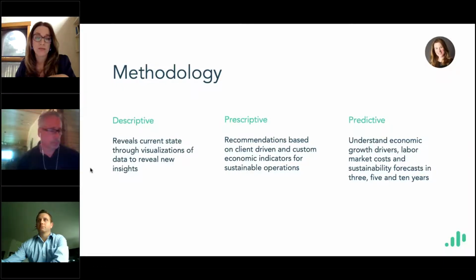We're ranking markets for them, but we're also sharing with them the analytical models in the background that are helping us score and rank those markets. And then once we score and rank those markets, we move from a macro modeling perspective down to a micro modeling perspective, so that we can actually make predictions on markets over 3, 5, and 10 years, so that they can understand where they are now and where they need to go in the future with confidence.